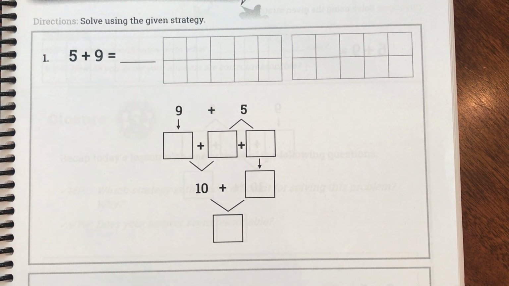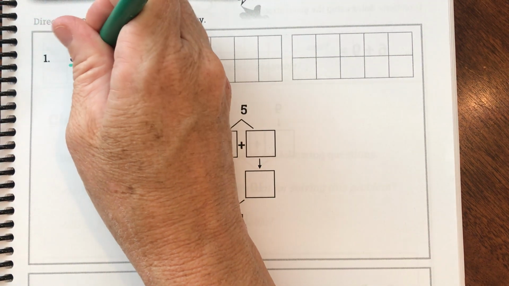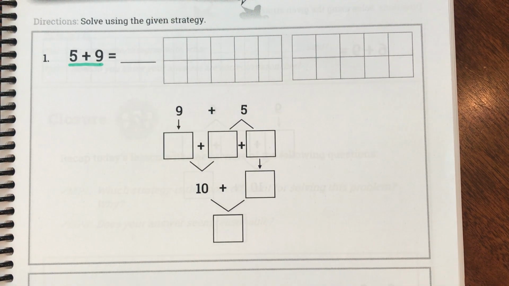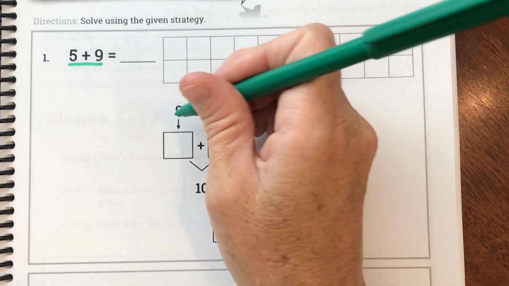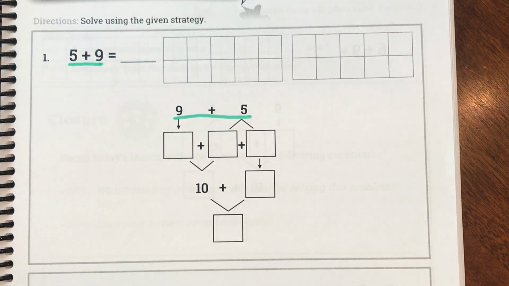The problem said 5 plus 9, but down here they wrote it as 9 plus 5. They kind of switched it. That's allowed. We're allowed to do that. There's something called the commutative property in math, which means we can change the order of them.